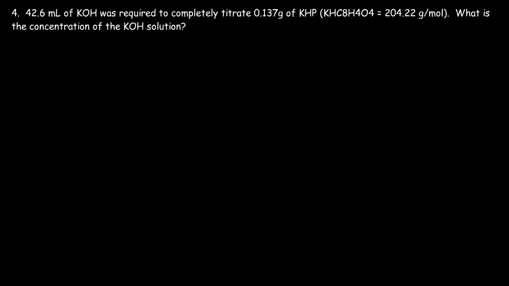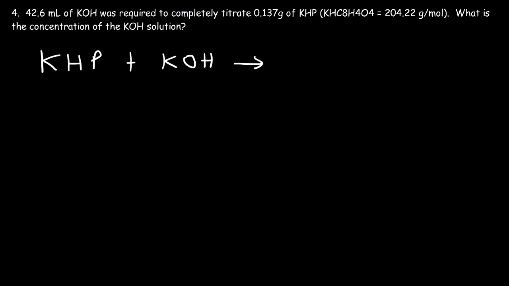Number 4. 42.6 milliliters of KOH was required to completely titrate 0.137 grams of KHP. What is the concentration of the KOH solution? Well, let's begin. So KHP is going to react with KOH.